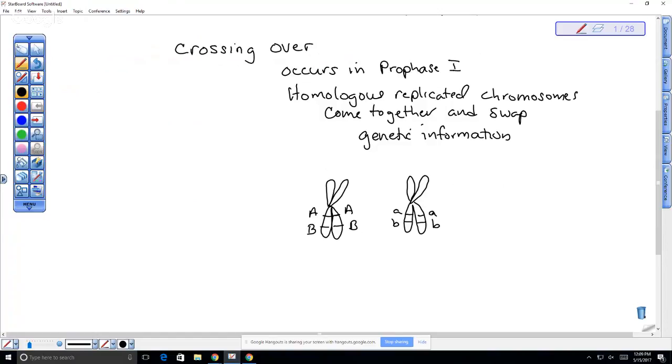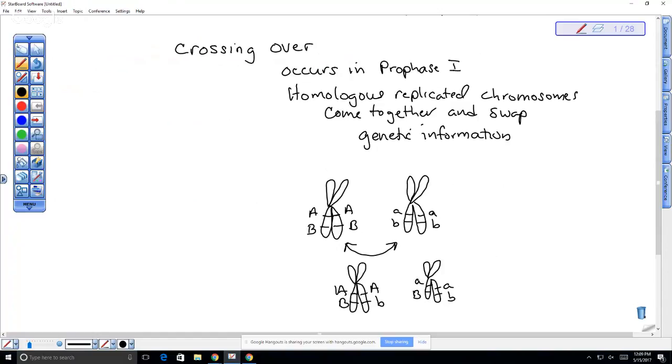So what happens during crossing over that is so important is that we have the exchange of information, right? So that in this next set, for example, we could have something that looks like this. So we would have big A, little b, right? Big A, big B. In this one, we would have little a, big B, little a, little b.